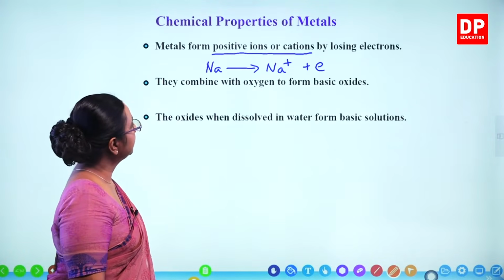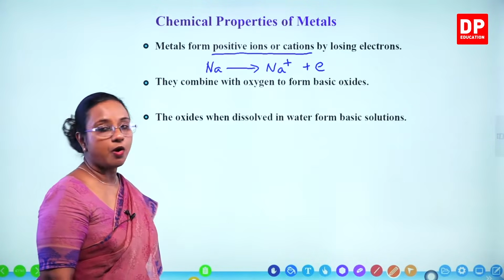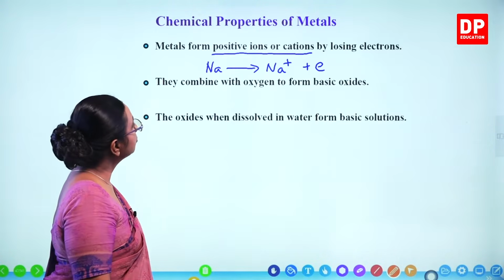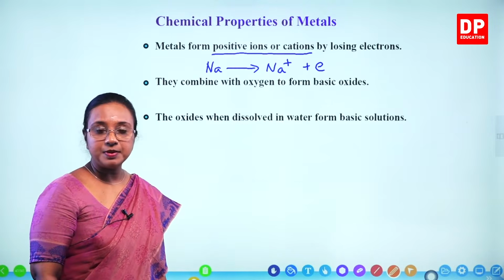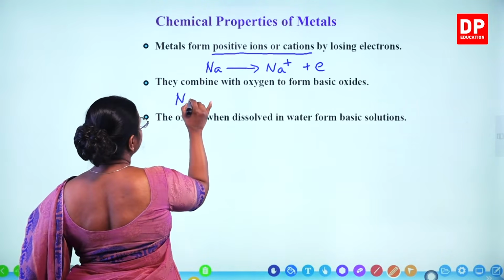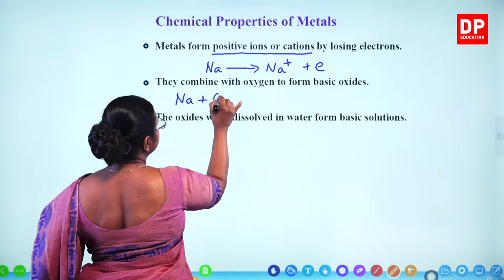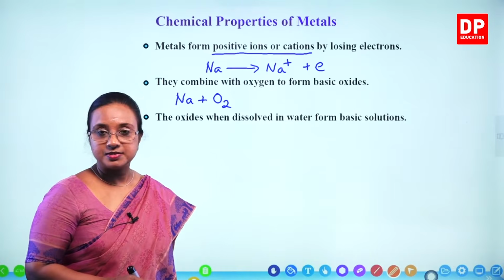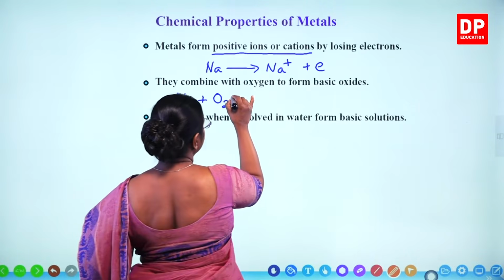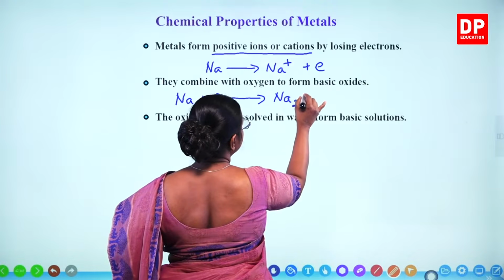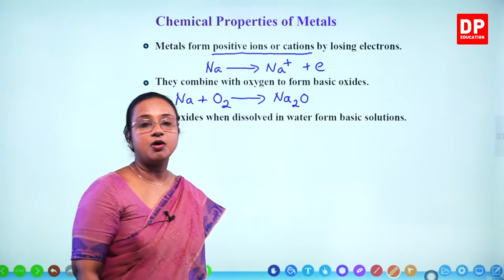They combine with oxygen to form basic oxide. Here also we can use the example sodium. Sodium can react easily with oxygen, that is O2 gas that is present in the atmosphere, and it forms Na2O, sodium oxide.